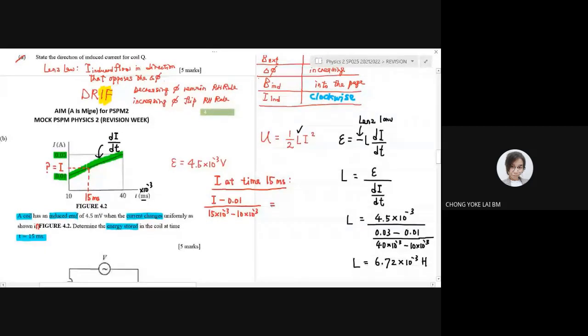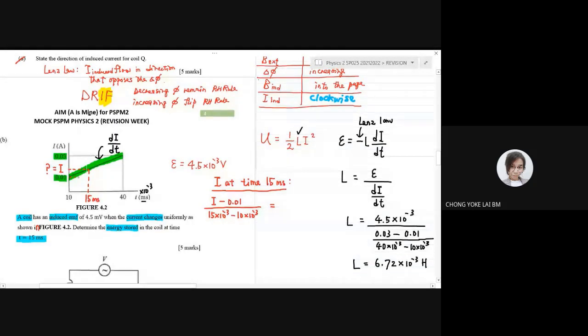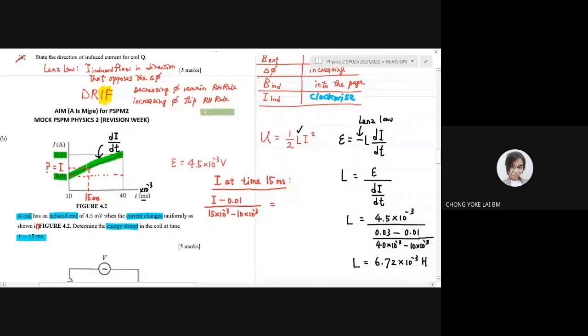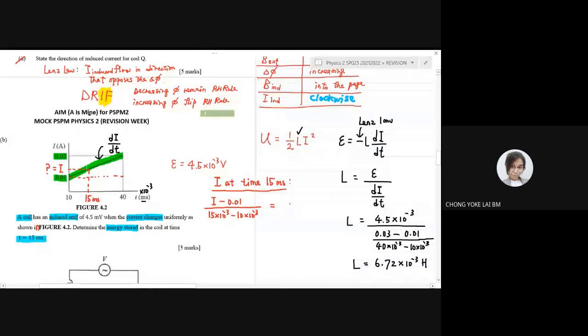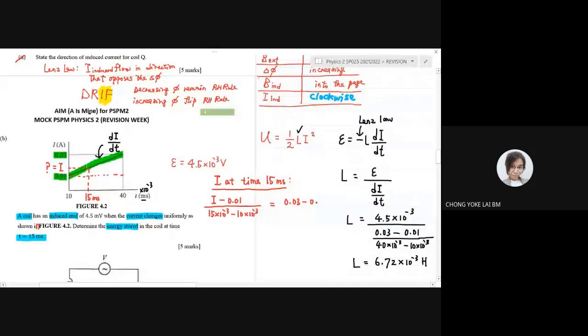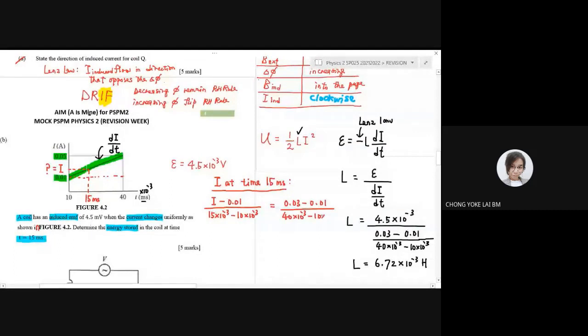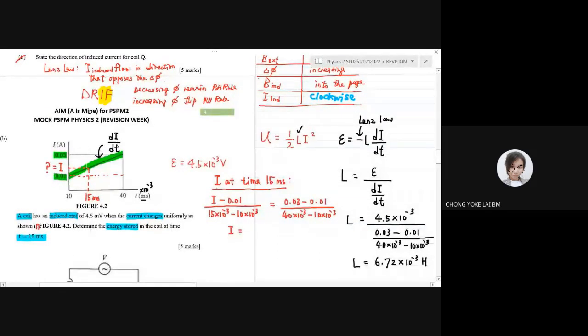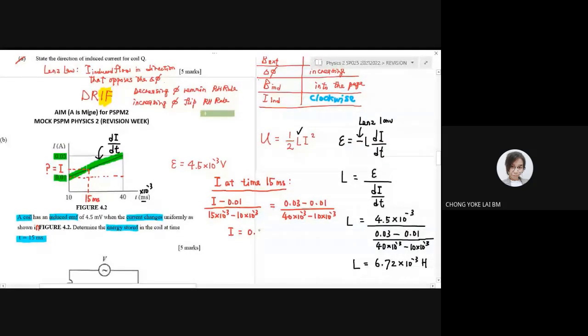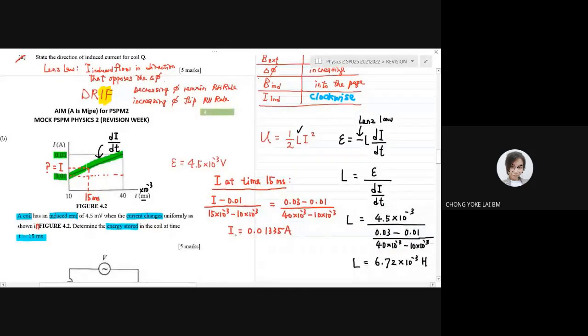Okay. Nilai ni mesti sama dengan segitiga yang besar ni. Teacher lengkapkan, you akan nampak. So dia mesti sama dengan 0.03 minus 0.01 over 40 times 10 negative 3 minus 10 times 10 negative 3. So bila kita selesaikan, kita akan dapat current at time 15 millisecond ni is around 0.01335 ampere.